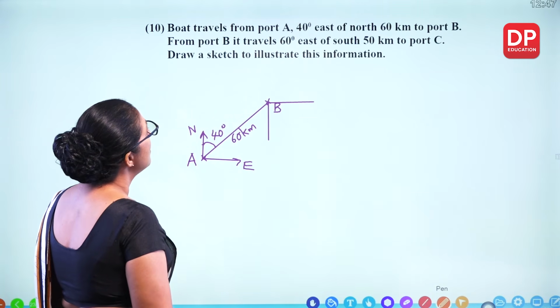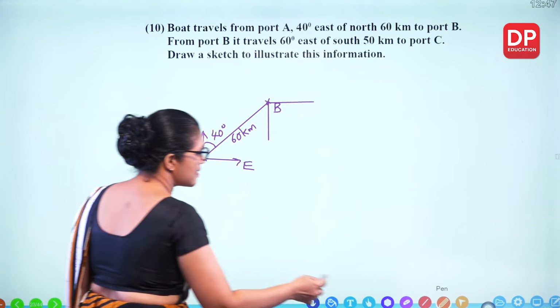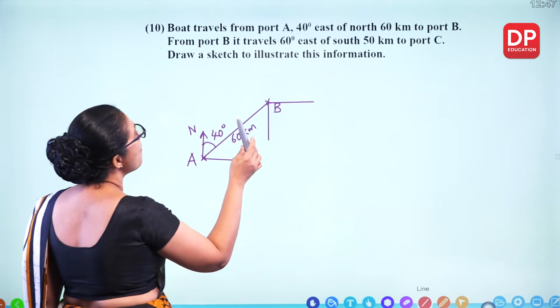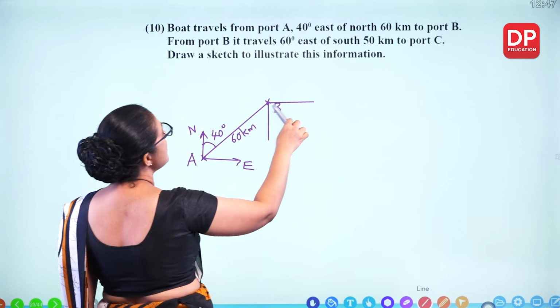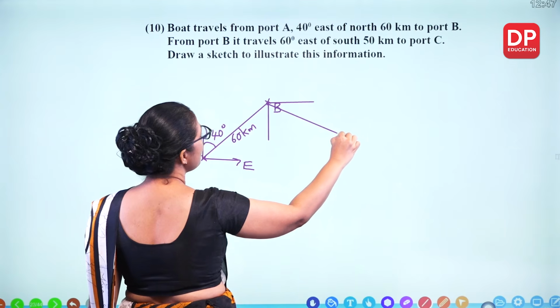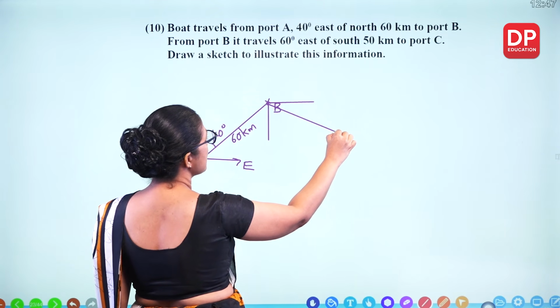It says 60 degrees, 60 degrees from south towards east. So somewhere here. Now it's 50 kilometers.